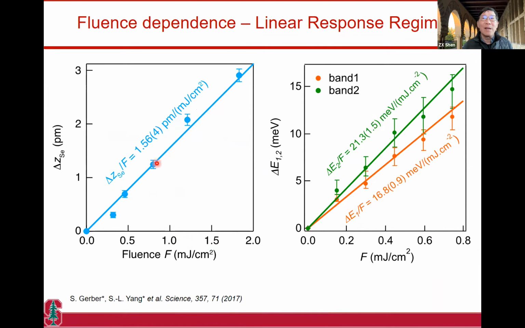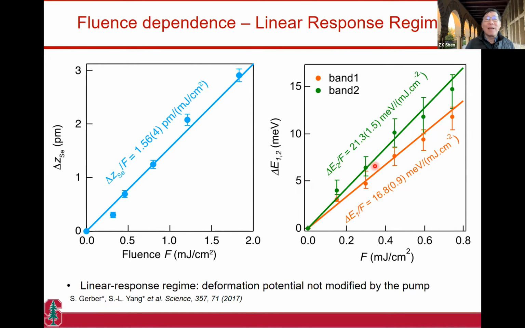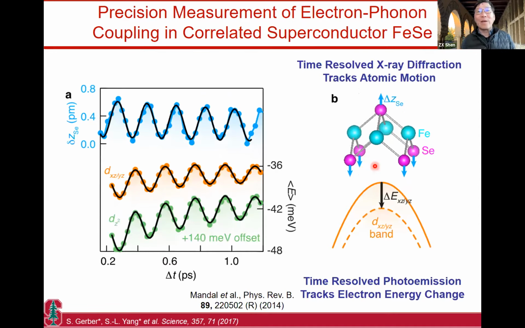So you are in a linear response regime, and the same thing holds for the band structure. Now, if you take the slope of this one and the slope of this one, and then divide them, you end up in a situation where you can learn something about the deformation potential.